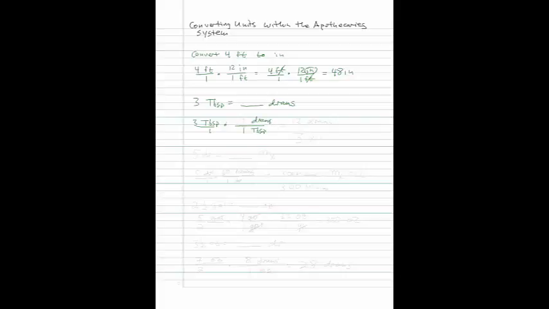And what is our conversion factor? 4 drams is 1 tablespoon. As tablespoons cancels, the result is drams. 3 times 4 is 12 drams. If we wanted to chart that, we could say drams 12, XII.